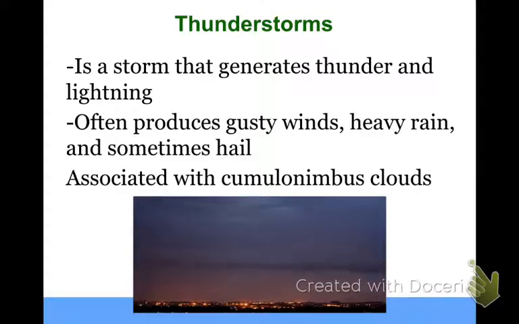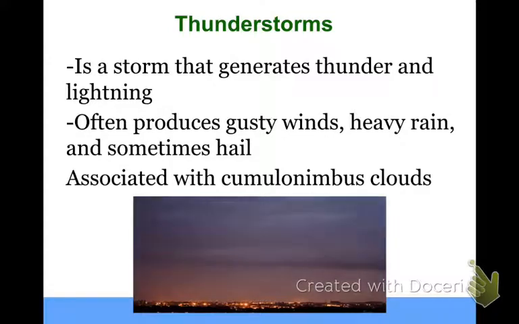Your thunderstorms are associated with your cumulonimbus clouds. Remember, cumulonimbus clouds are clouds that accumulate from a cumulus cloud. So you start out with a cumulus cloud, and as that cumulus cloud begins to build and build and build and get taller, higher up into the atmosphere, that is when it would become a cumulonimbus cloud.